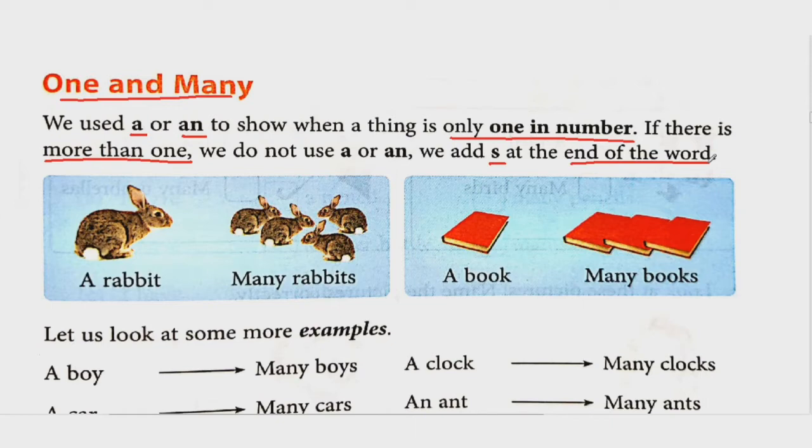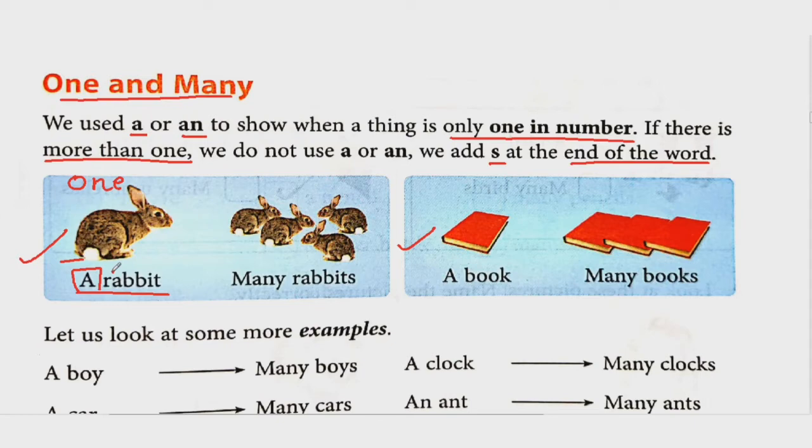So look at these pictures. What you can see, this is the picture of a rabbit. A rabbit. Why? The number of rabbits is only one, so we have used a before rabbit. A because R is a consonant.